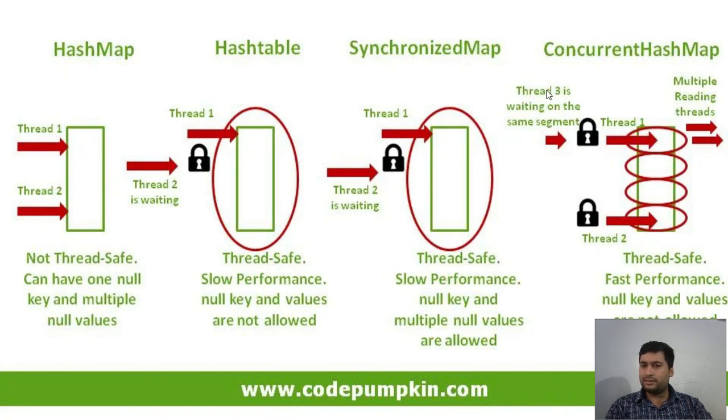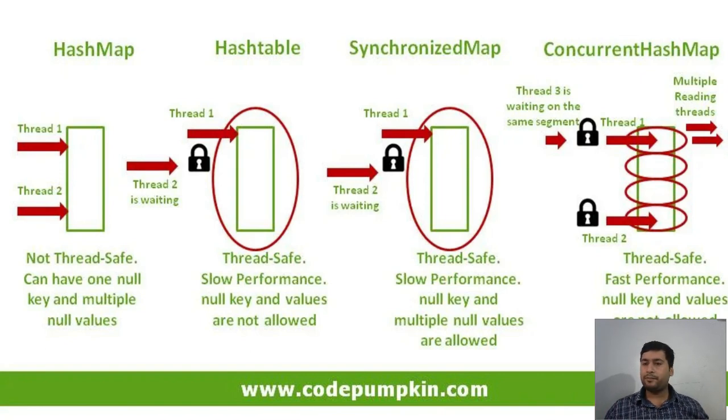Otherwise, if another thread wants to do some other operation in another segment, it will do so, no issue at all. So thread 2 is working in parallel in this segment, while thread 1 is working in that segment. But if a third thread comes to the same segment and tries to do work, then it has to wait. Multiple threads can read at the same time, 1, 2, 3, 4, 5, whatever threads you have, they will read the data at the same time, no issue in that.